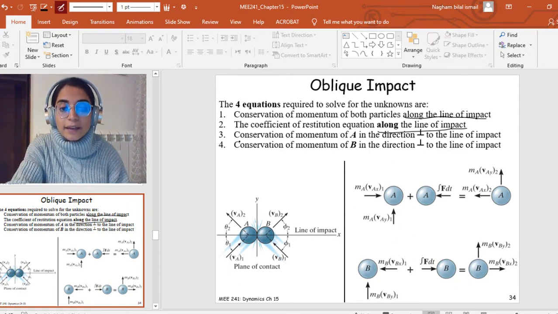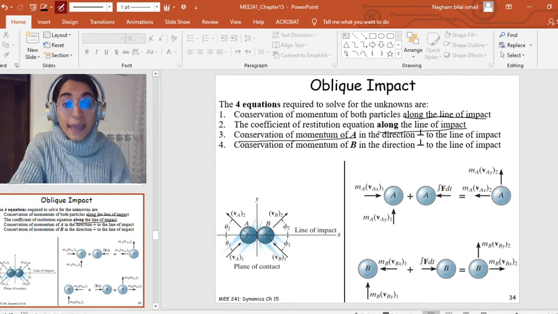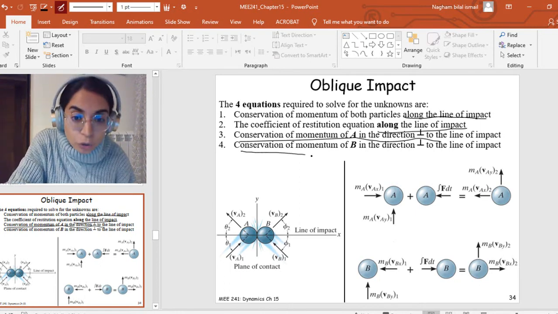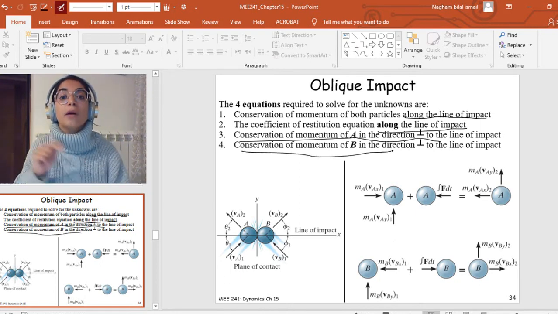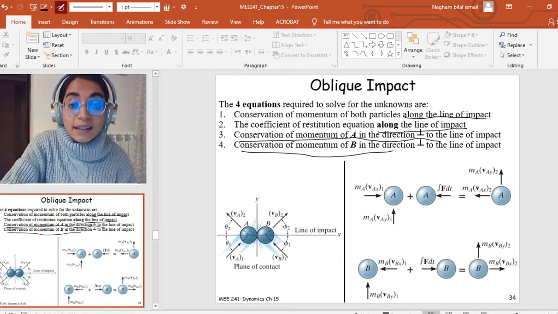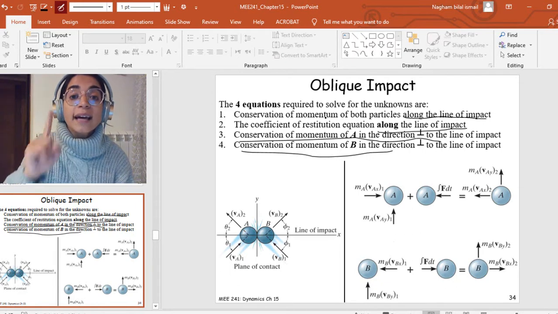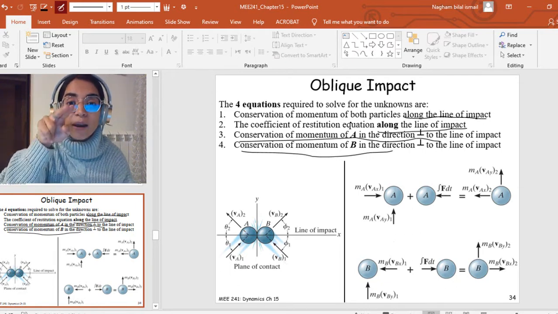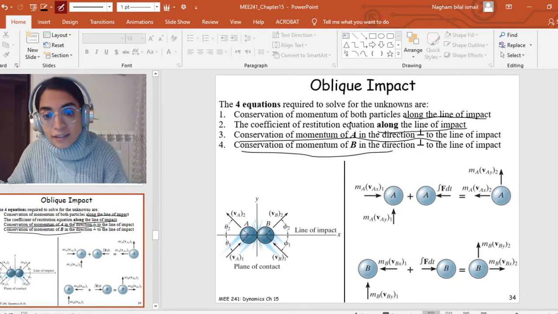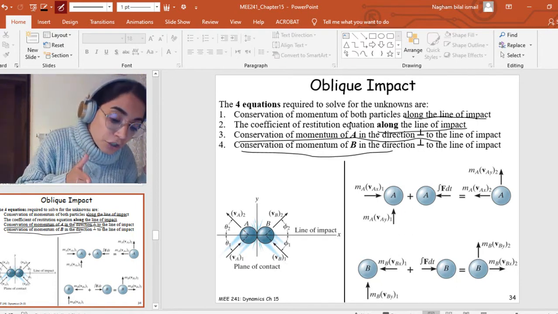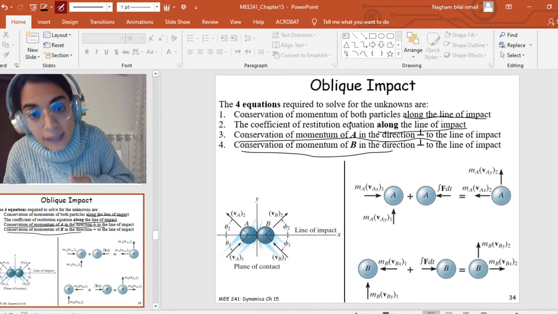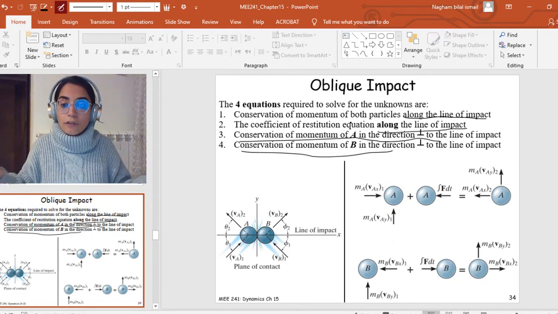I should apply the conservation of momentum of A in the perpendicular direction of the line of impact, and I should also apply the conservation of momentum of B in the perpendicular direction of the line of impact, which means it's not the same as the first one. It's not the conservation of momentum for both particles as one system. It is A and B. So I should apply the conservation of momentum of A, and then I should apply the conservation of momentum of B in the direction that is perpendicular to the line of impact.